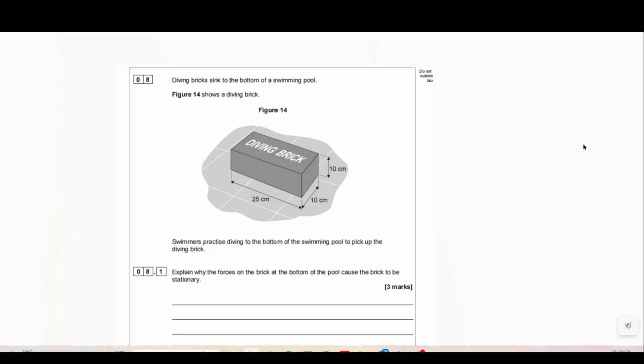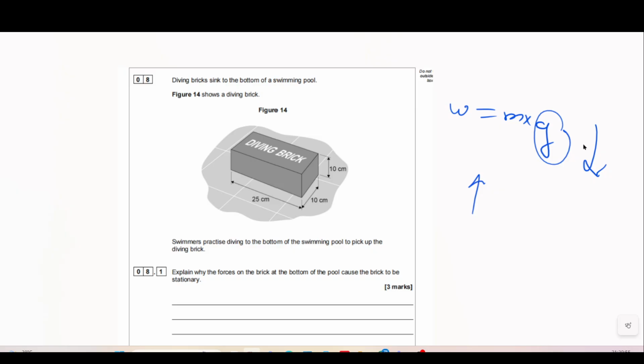There is a downward force which is the weight of the brick, right? The formula for weight is m times g. That means there is a force, gravity, which is downward, and there is the upward force from the water, like you said, which is called upthrust.